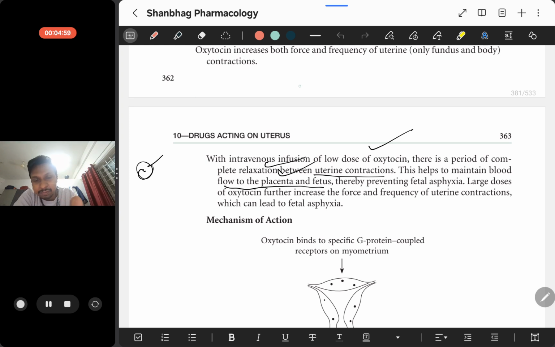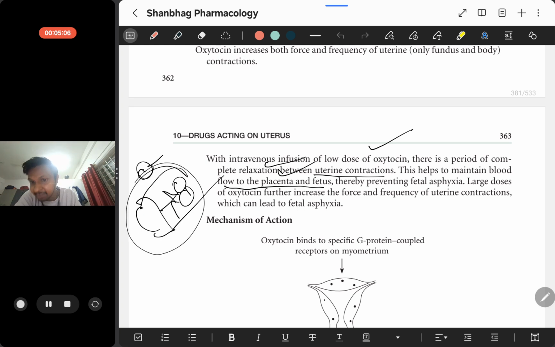See, there is a placenta, there is a fetus, and this blood flow needs to be maintained properly. So IV infusion of oxytocin might help in the maintenance of blood flow. Therefore, this prevents fetal asphyxia. Large doses of oxytocin further increase the force, which may lead to fetal asphyxia.